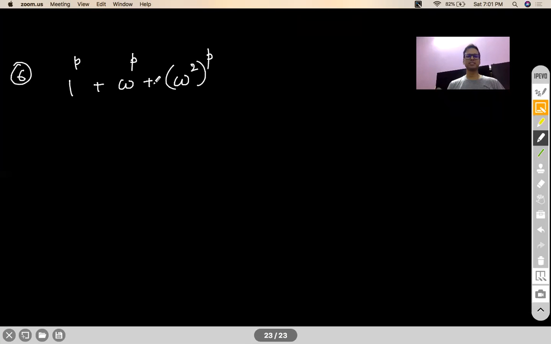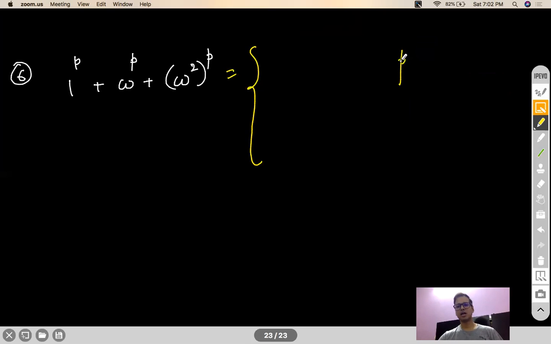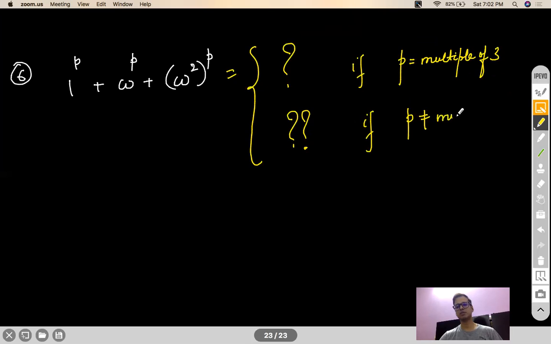this value. So basically, I'm raising all the roots to a power of p. So what is this value? If p is a multiple of 3 and if p is not a multiple of 3. So what are these question marks? P is not a multiple of 3.